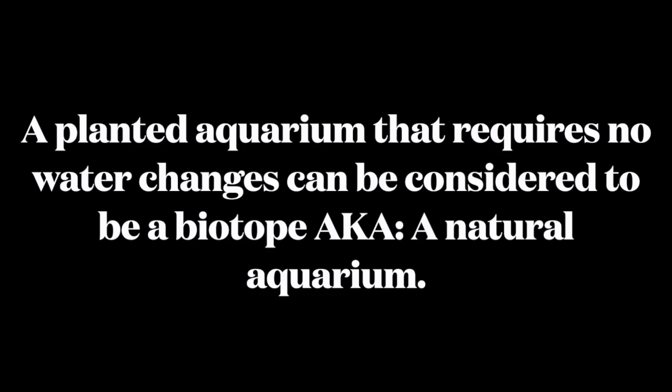It doesn't qualify as a biotope or natural aquarium if you need to cut back plants, let out water, or fish out algae so that the ecology balance is not upset. Now, this is how they define a biotope or natural aquarium.